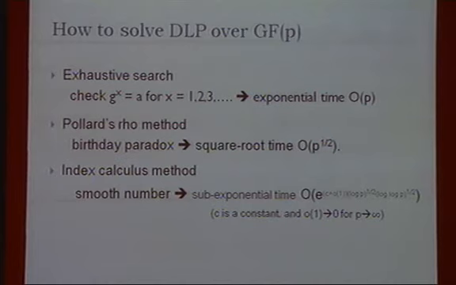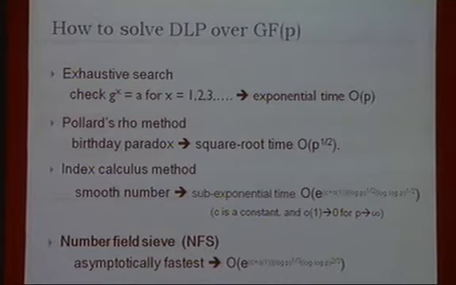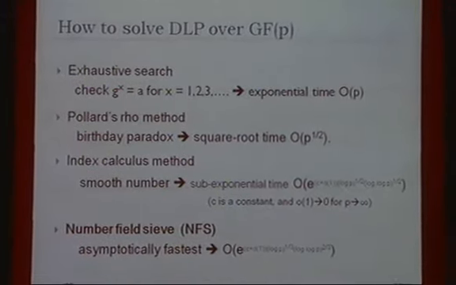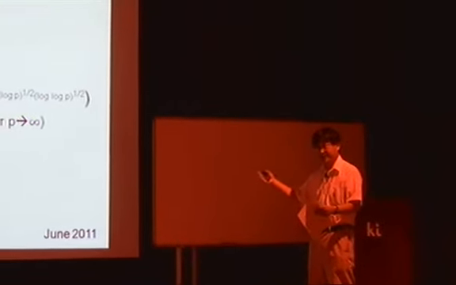However, there was a breakthrough in the 90s. The number field sieve, NFS, was found. This is currently the asymptotically fastest algorithm to break the discrete logarithm problem. An interesting point is that this number field sieve was first developed for factoring purposes, namely to factor a composite number into prime numbers.